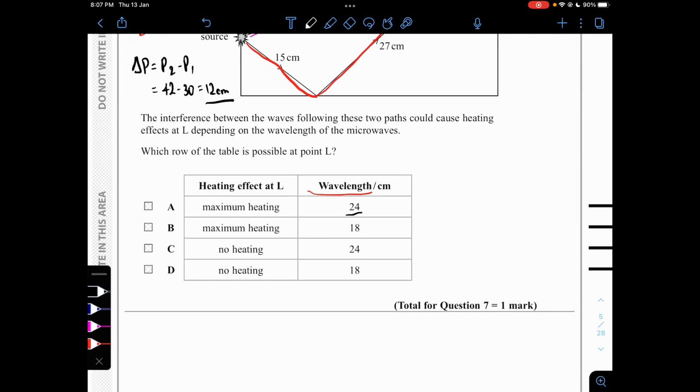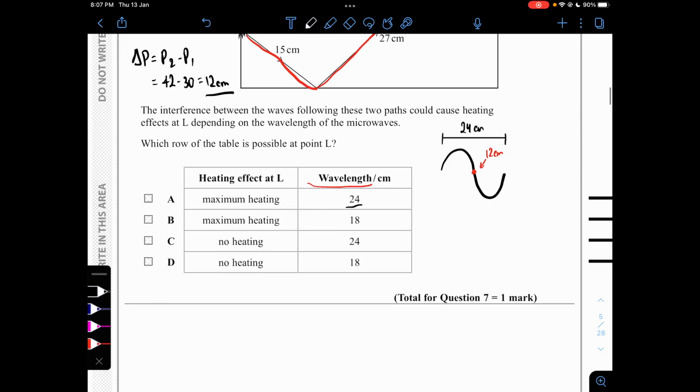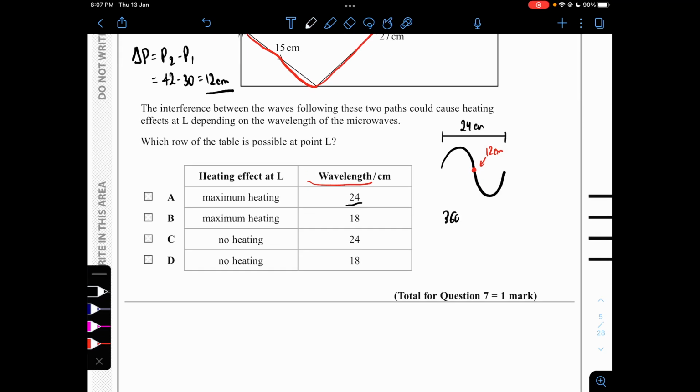So if we have a wavelength of 24 centimeters, where would 12 centimeters lie? That would be around about here. So that's halfway, isn't it? And I usually remember it like this: 360 degrees follows 2 pi follows our lambda, our one wavelength. Now we have half of this, so that would mean 180 degrees.